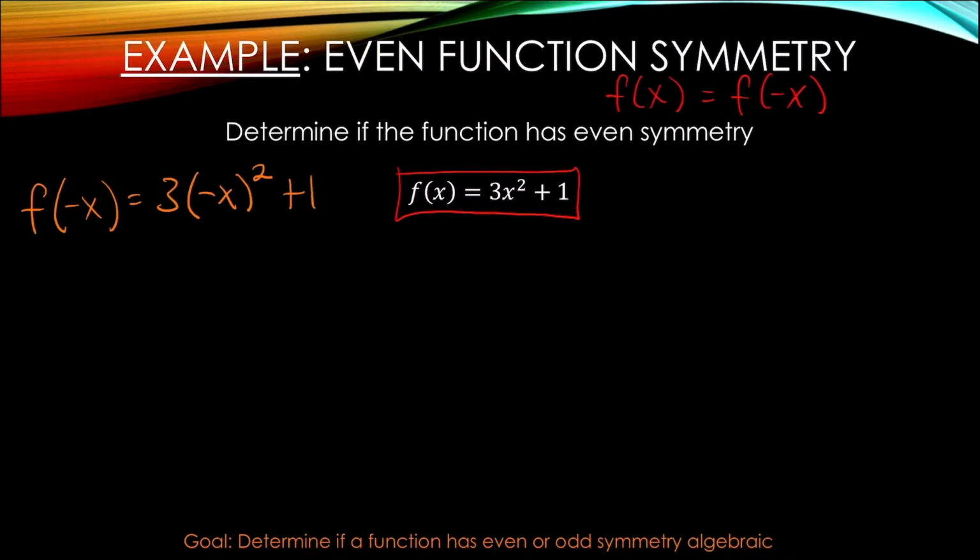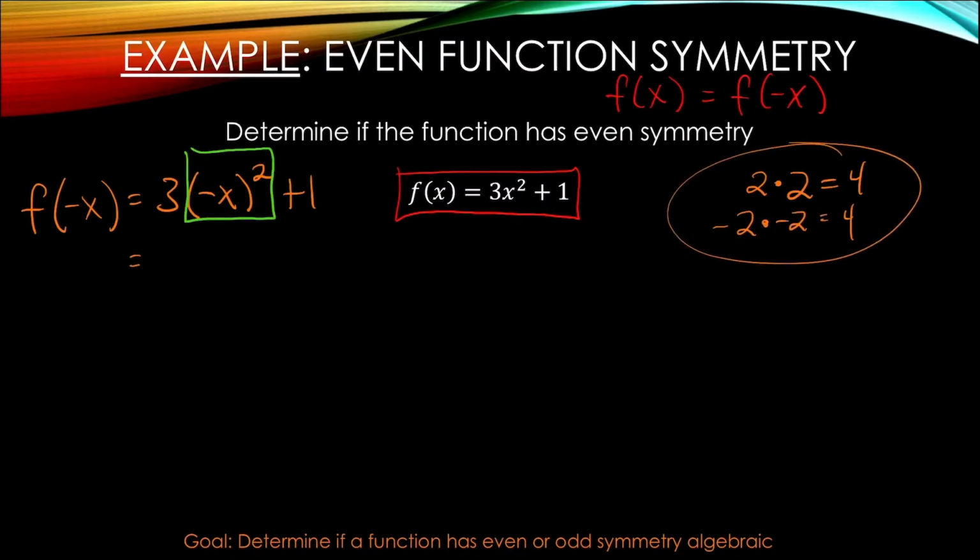And this is where we have to get a little theoretical, I guess. I'm going to look at this negative x squared part. This is the part I'm concerned about. I'm going to ask myself, when I square something, regardless of what I put in for x, regardless if it's a positive number or a negative number, is that number going to be positive or negative? Well, any two numbers squared will be positive, whether it's a positive 2 times a positive 2 gives me a positive 4, or a negative 2 times a negative 2 gives me a positive 4.